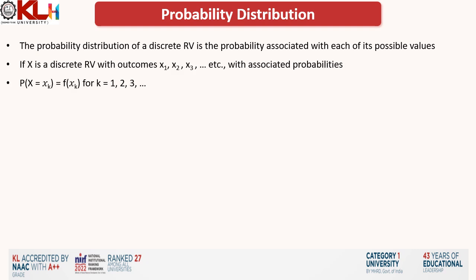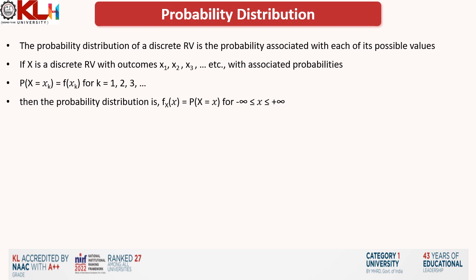So if X is a random variable with values x1, x2, x3, etc., then the probability that the random variable will take value xk, if we denote that as f of xk, then the probability distribution fX of x is simply the probability that random variable X will take a value small x.